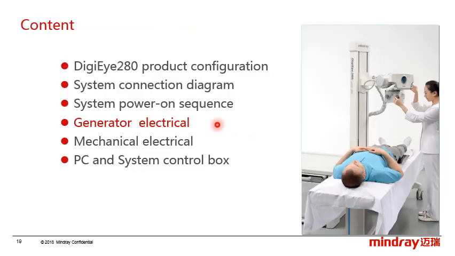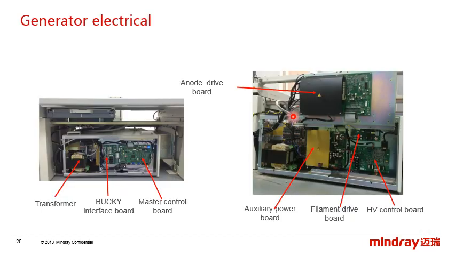The next part is about the generator electrical, including the generator and mechanical. First, let's review the generator structure again. In the front, you can see the transformer, the bucket interface board, the master control board, and flip the master control board.